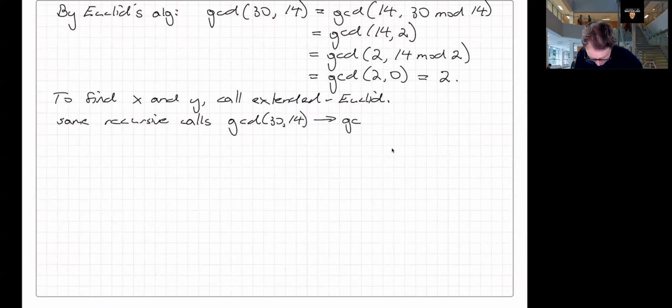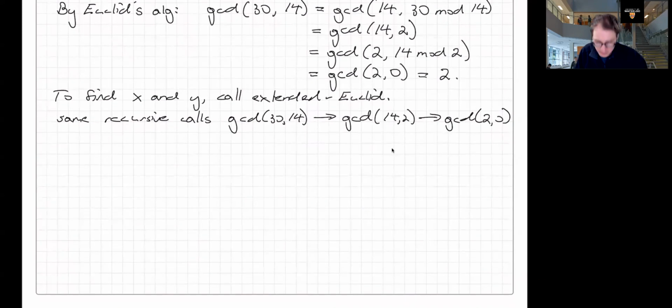That then calls another calculation on 14 and 2, which calls another on 2 and 0. And in extended Euclid, we recurse down to the bottom, right? And then we kind of come back up, filling in the calculations.